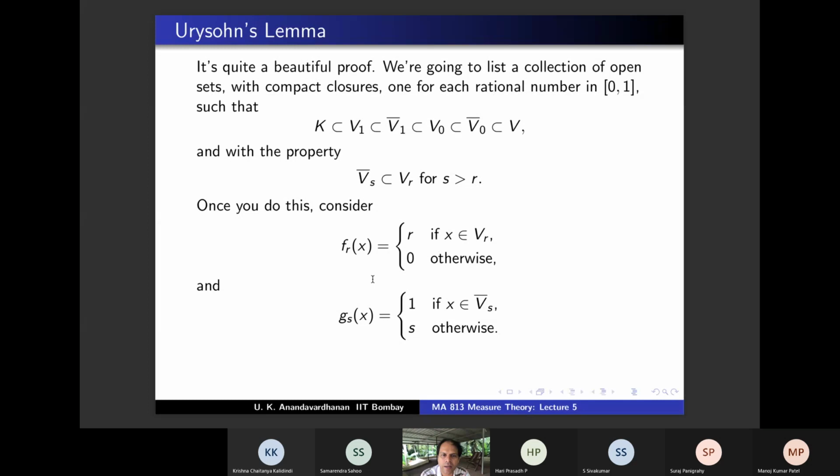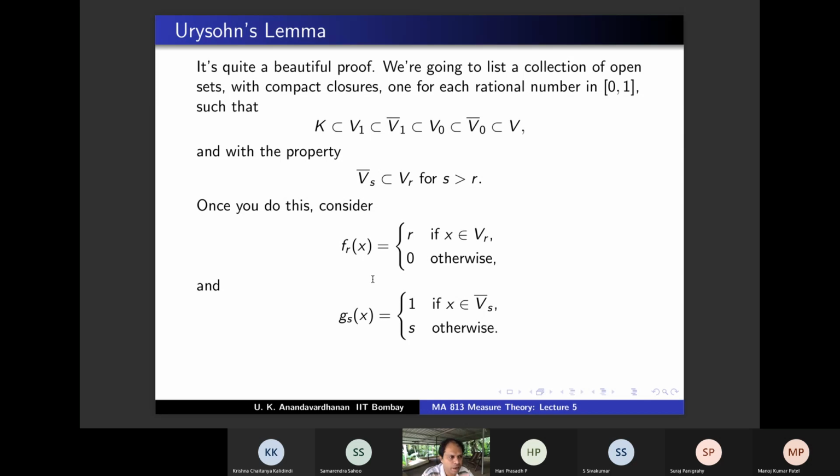What if R is bigger than S? What is the relationship between VR and VS? Which is smaller?